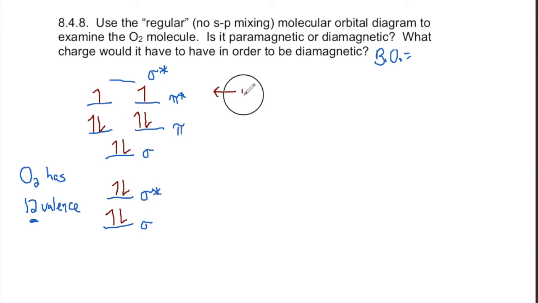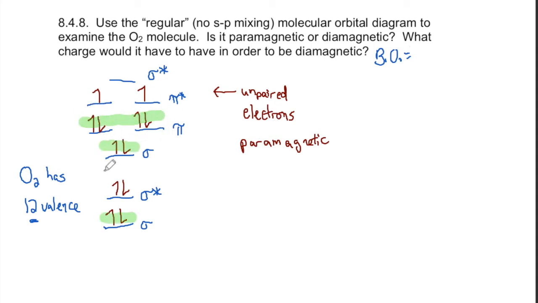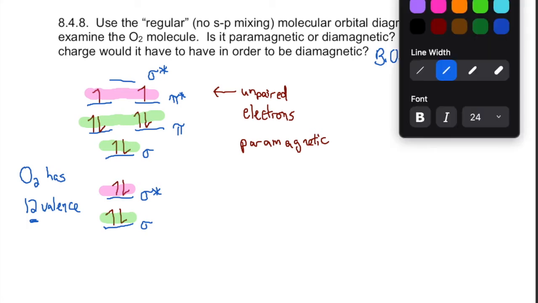So when we do this, we end up with unpaired electrons in the pi anti-bonding orbitals, which means that it would be paramagnetic. And then I'll mark off the bonding electrons and the anti-bonding electrons to get the bond order.